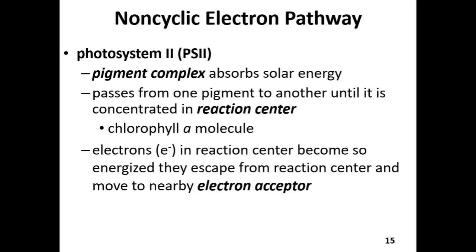When they do that, the electrons move up in energy levels until they jump out of that reaction center to an electron carrier or electron acceptor that will then shuffle it along a pathway.